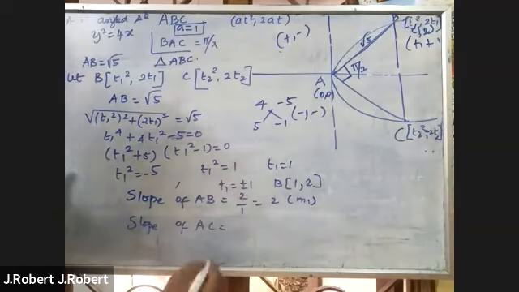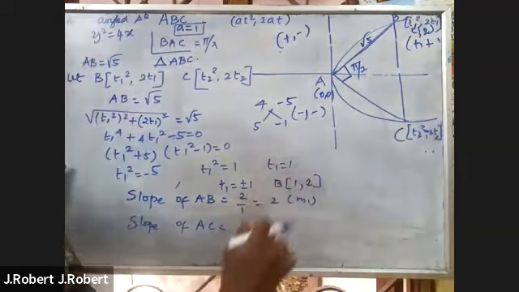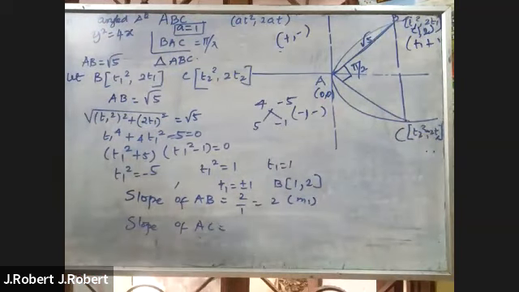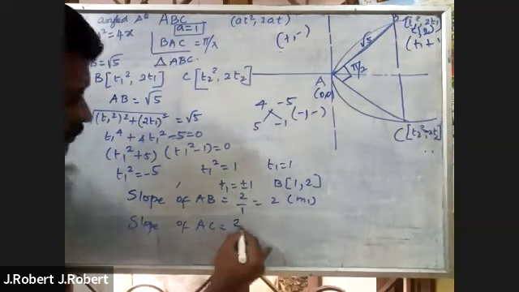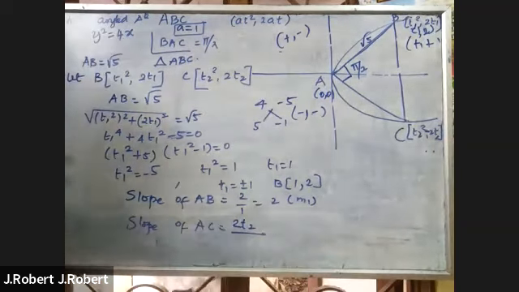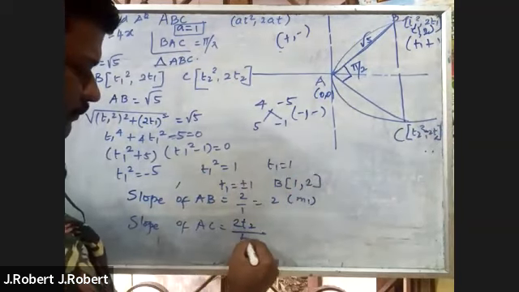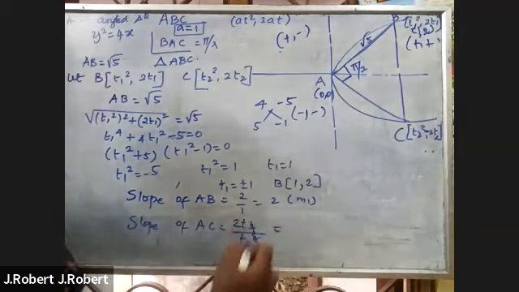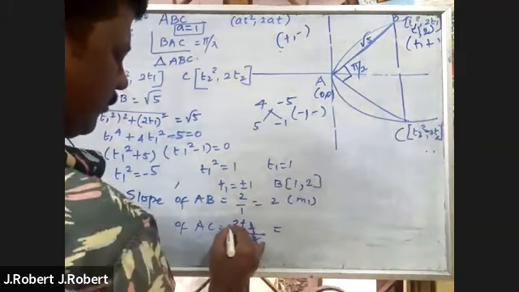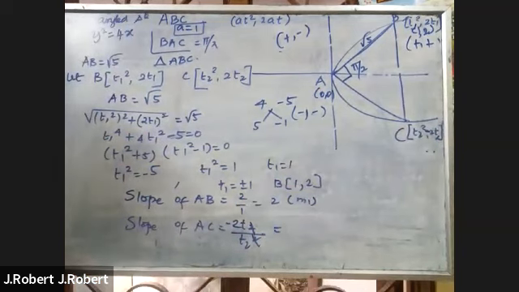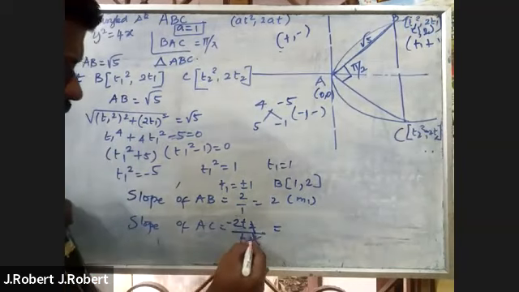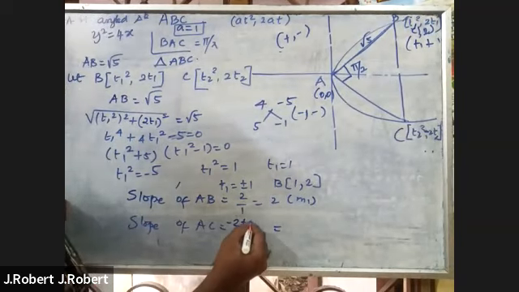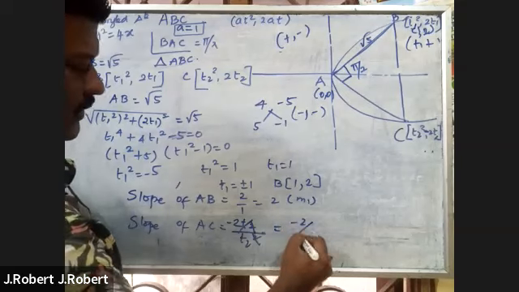Your slope of AC is equal to 2t2 minus 0 over t2 squared, correct? T2 gets canceled, and we get minus 2 by t2.